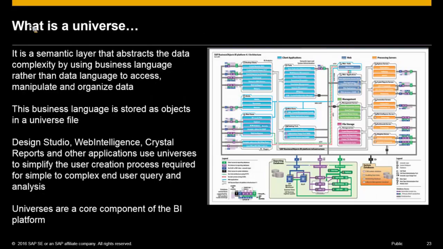So, what's a universe? It's a semantic layer. It takes the data and uses business language rather than data language to access, manipulate, and organize the data. So pretty much very similar to how the BW system stores data.